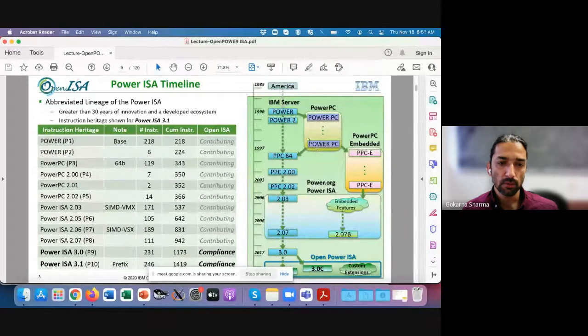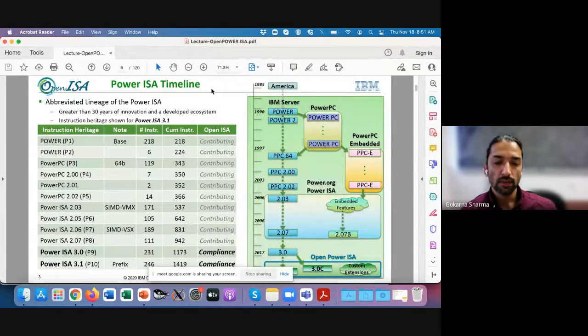For example, in the initial development, if you want to talk about embedded systems which have energy constraints and everything, then you have a different kind of instruction sets that were not combined, not unified. And then around 2006, with Power ISA 2.03, these embedded features were also included there, and you can see that they were combined and more unified.